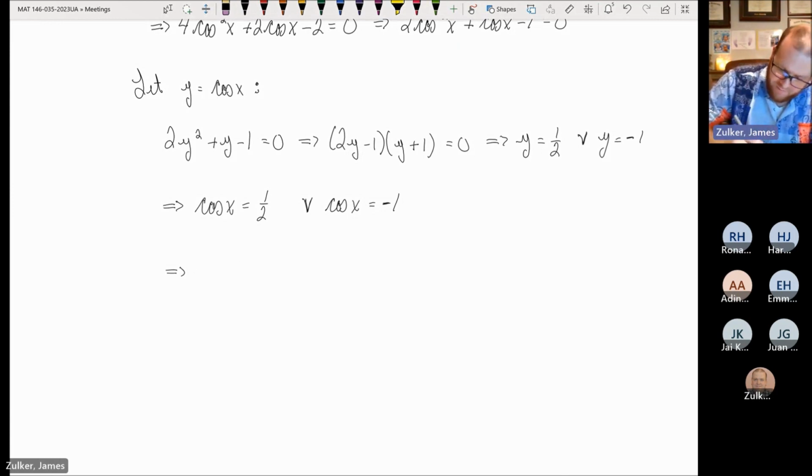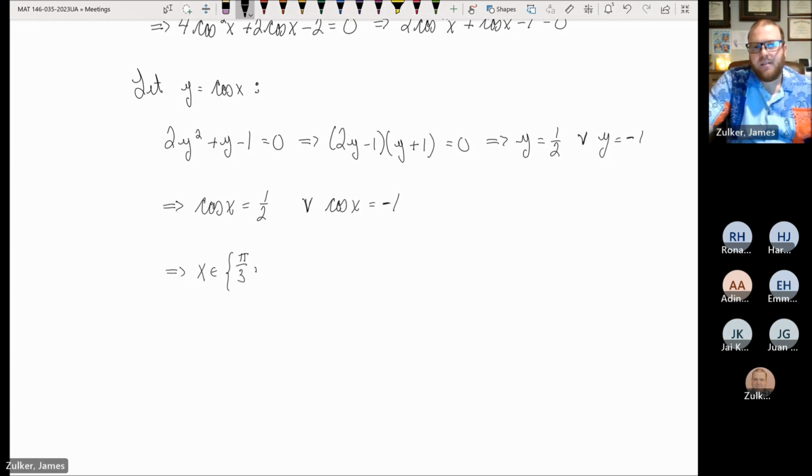Oops, I don't want cosine x, I want x. Where is cosine equal to a half? We get pi over 3 and 5 pi over 3.